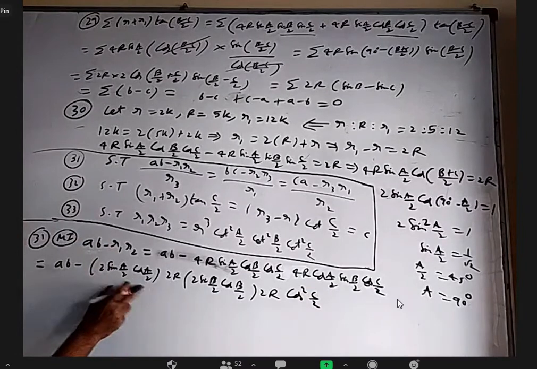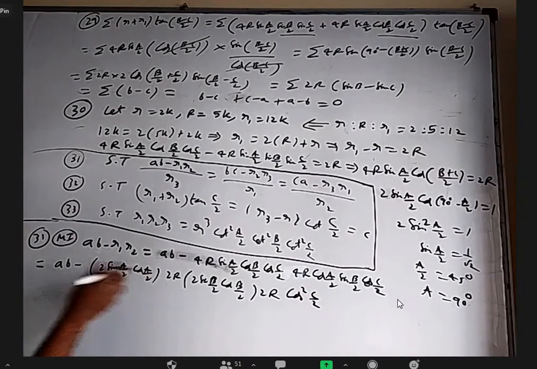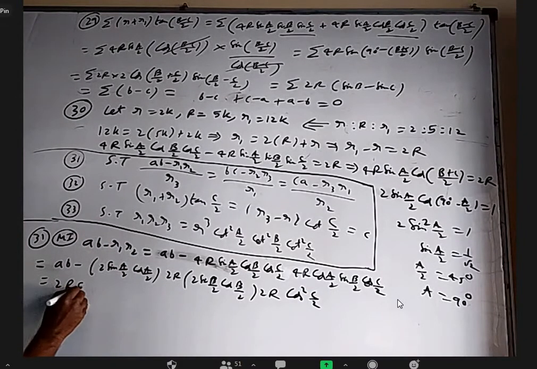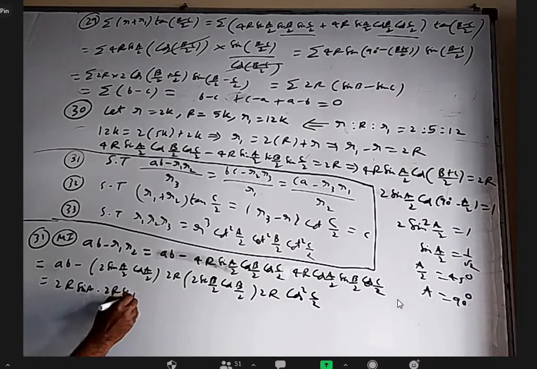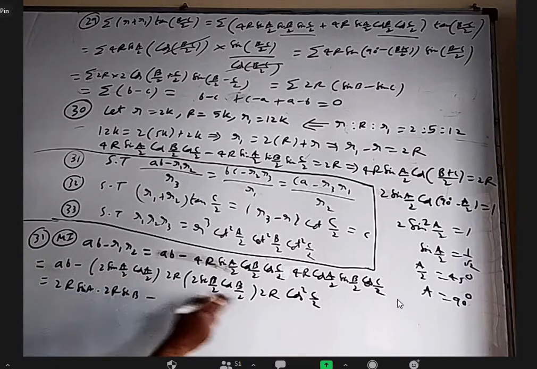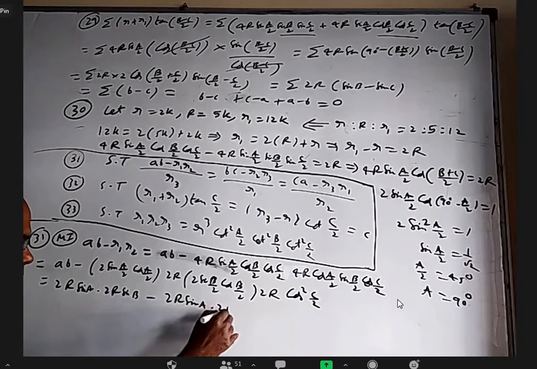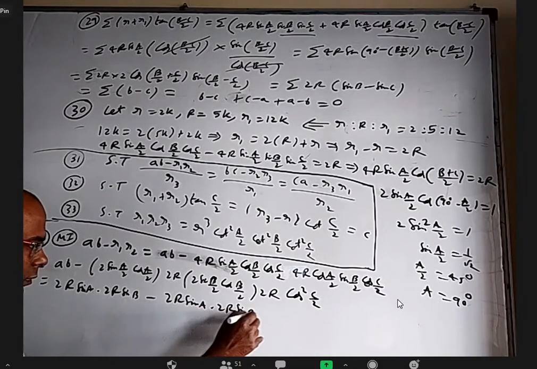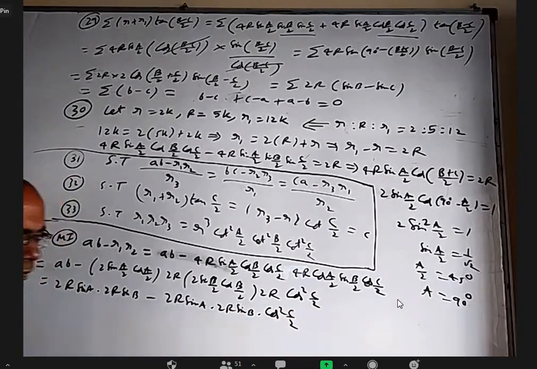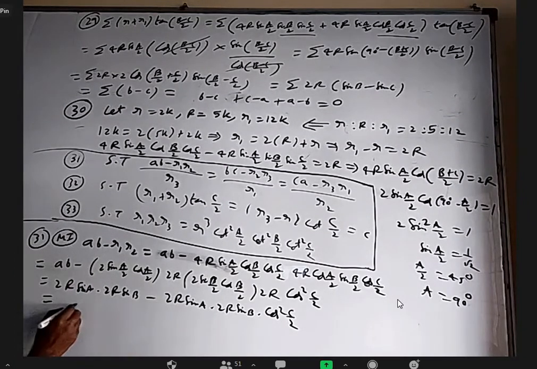This will become sin A into 2R, it will become A, or we'll leave it like this. This is 2R sin A. This is 2R sin B. This is 2R sin A, 2R sin B also, into cos square C by 2. I can take 2R sin A sin B common basically. 4R square sin A sin B common.